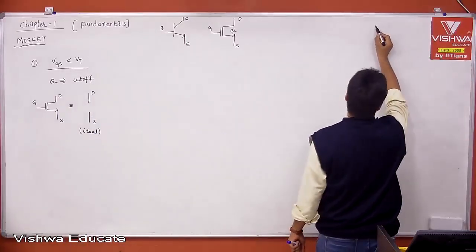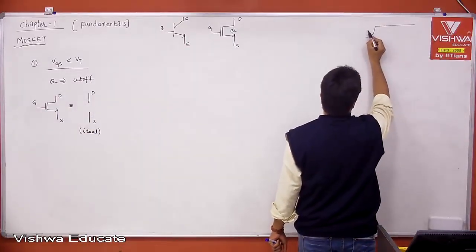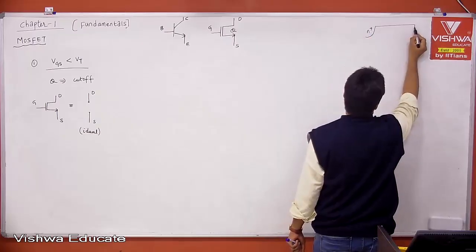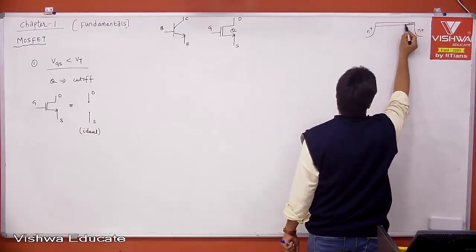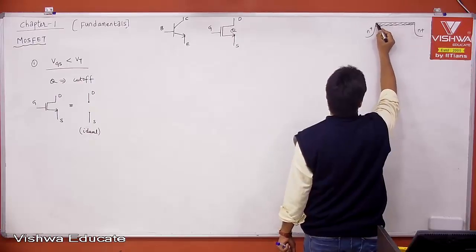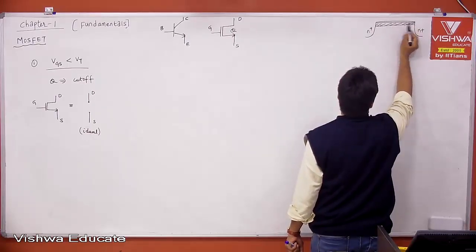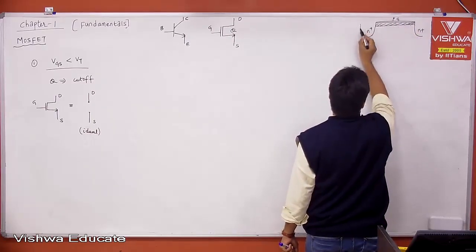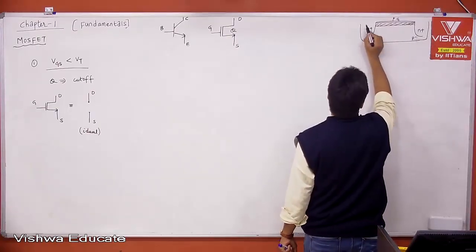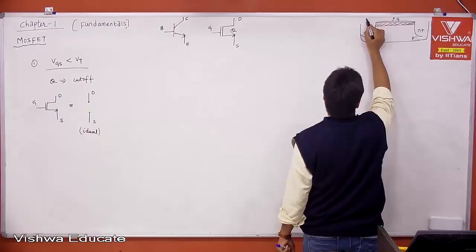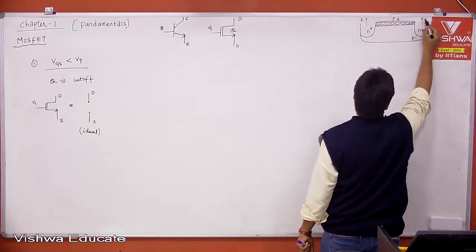If you take the cross-sectional view of your MOSFET, this is N plus, let us say this is your SiO2 and this is your gate. Now this is your substrate, P substrate, then this is bulk, and this is your source and this is your drain.